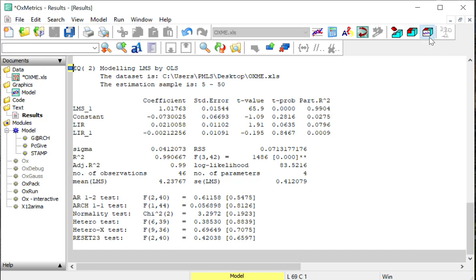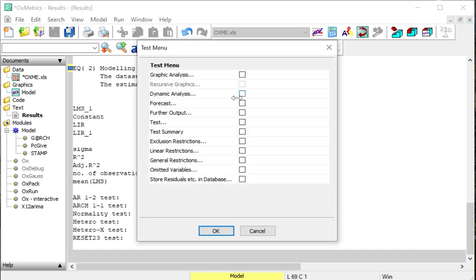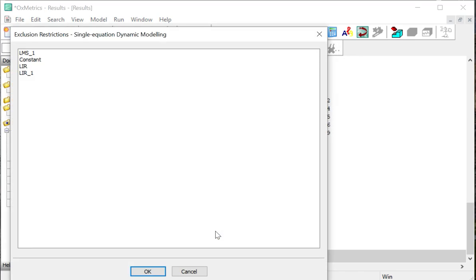Go to Test and there is Exclusion Restrictions. We need to apply restrictions on both lags. With the help of Control you can select both.